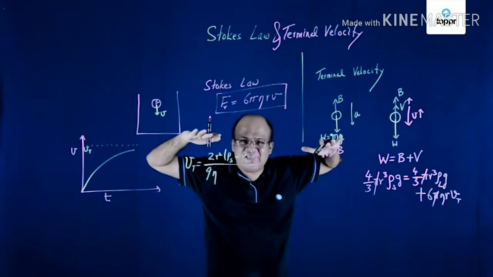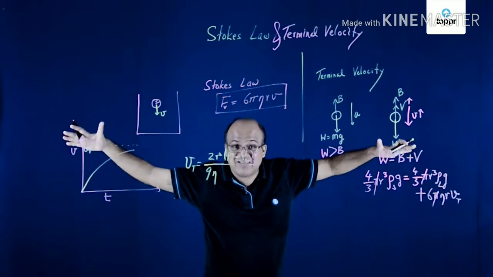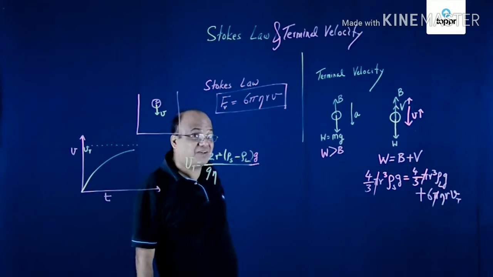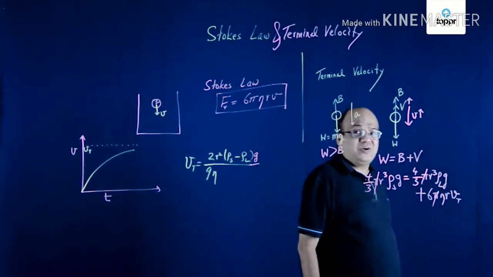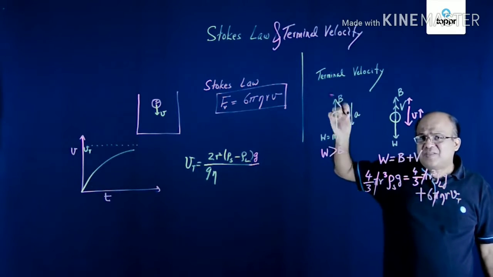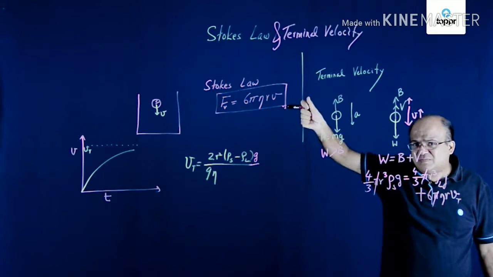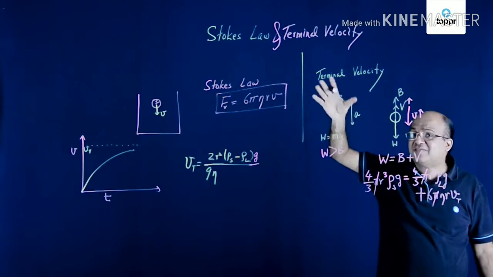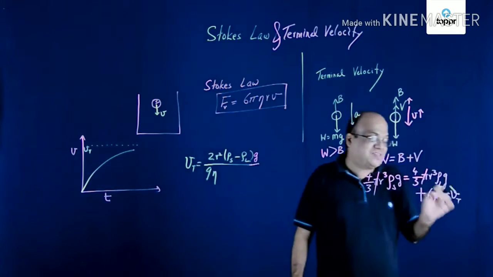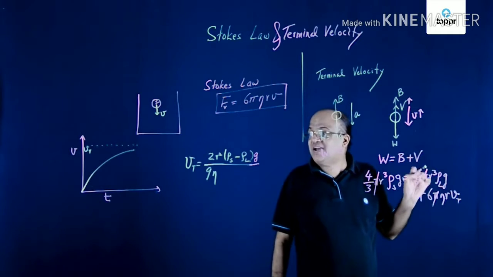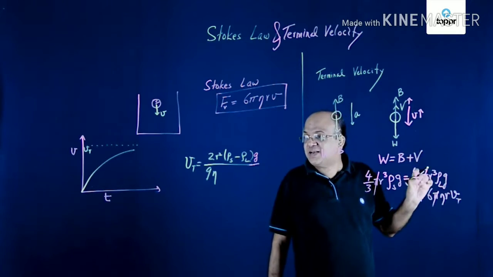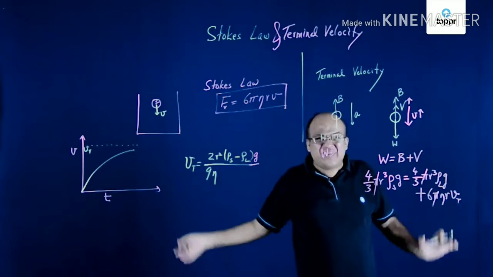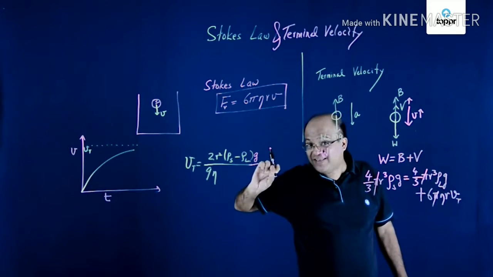They spread their body and reach a terminal velocity, and they are able to jump safely from tall buildings. In the same way, a person coming down with a parachute reaches terminal velocity, that's why they are able to come to the ground safely. So this is the concept of terminal velocity. Terminal velocity is 2 by 9 eta r square g (rho s minus rho l).